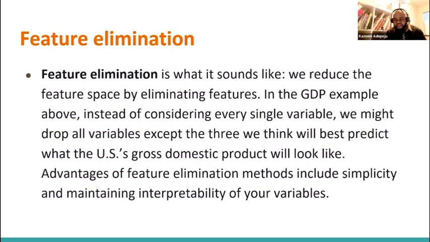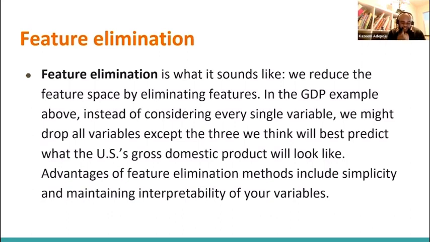When you are doing that, you are eliminating some features that you believe are not important. How do you know that? Maybe because from the literature you have reviewed, you realize that some variables are not that important. Why can't we remove them? Because if you don't remove them, there could be a problem of multicollinearity.